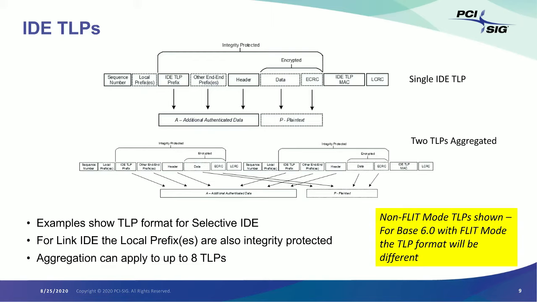Again, it's a little tricky because, of course, IDE not being a released ECN, it's a little bit awkward to refer to it in the base specification. But there will be some content there just to talk about how that works.